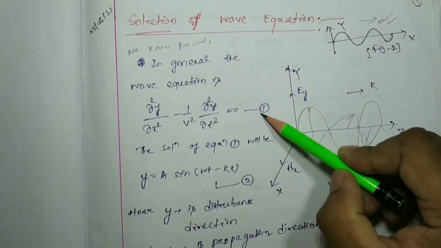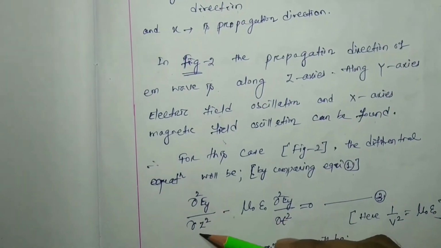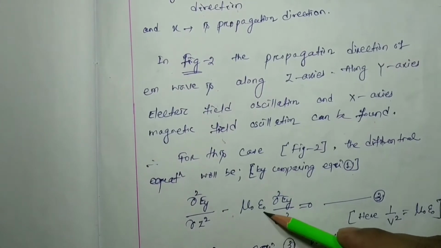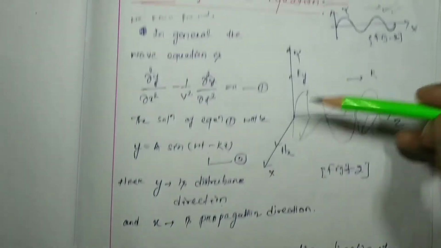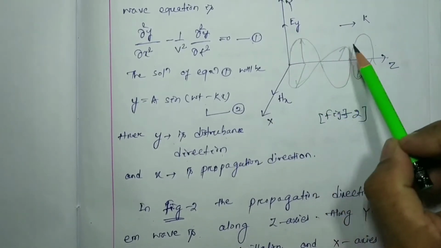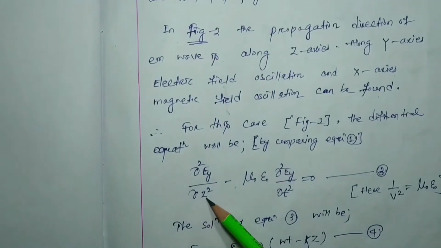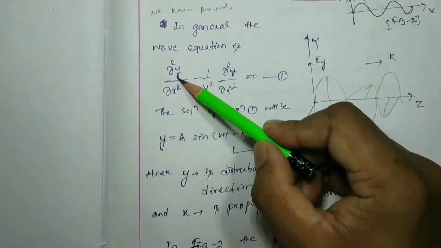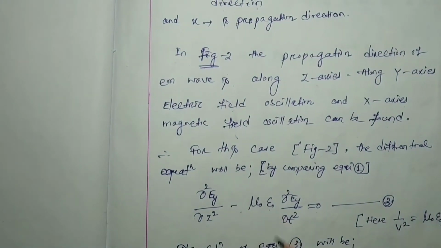If we consider only the electric component, then it will be del square Ey by del z square minus mu 0 epsilon 0 del square Ey by del t square equal to 0. Here the electric field oscillates along the y axis and the propagation direction of the wave is along the z axis. So instead of x it will be z square, and the electric component along the y axis is Ey.